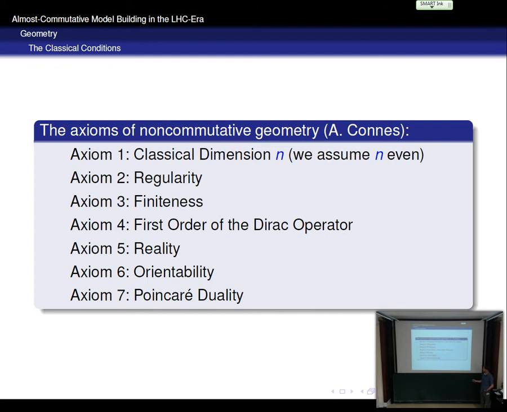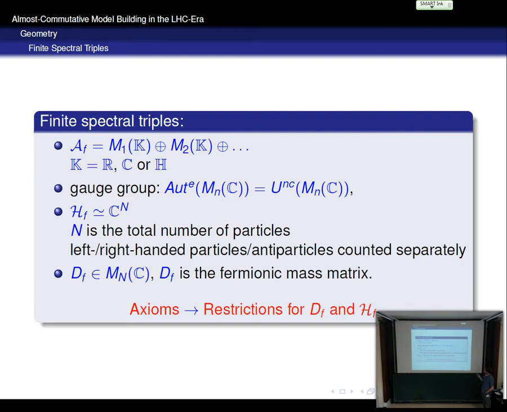I'm not quite sure what to make of the fact that the right-handed neutrino doesn't respect orientability. After years and years of thinking about it, I'm still a bit confused what status this orientability axiom has for the right-handed neutrino. It just violates in the internal part, not for the infinite part, but in the internal.